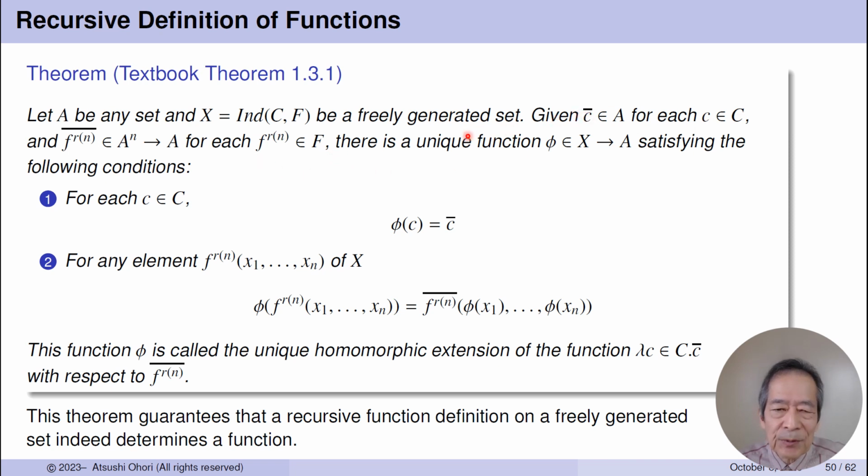Under these given semantic elements, the theorem says there is a unique function phi from X to A satisfying the following conditions.